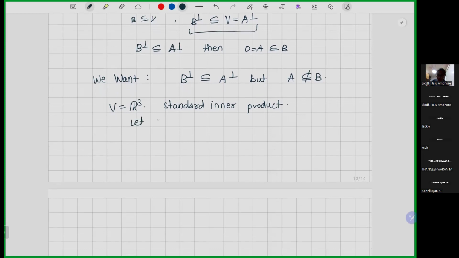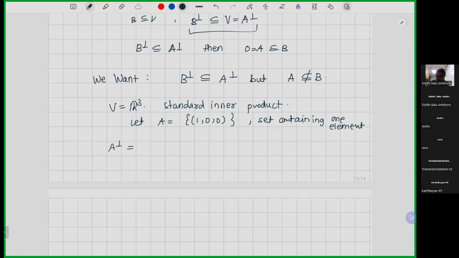Let A be the set {(1, 0, 0)}, just a set containing one element. Let me write cardinality of A as one, because someone might consider this as dimension. And B, we will reveal afterwards.